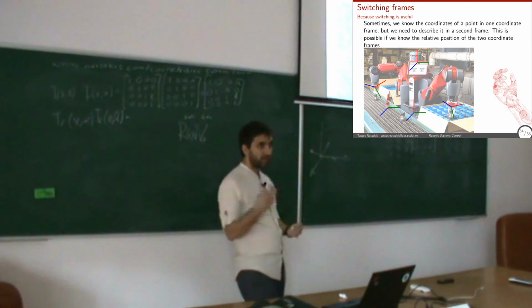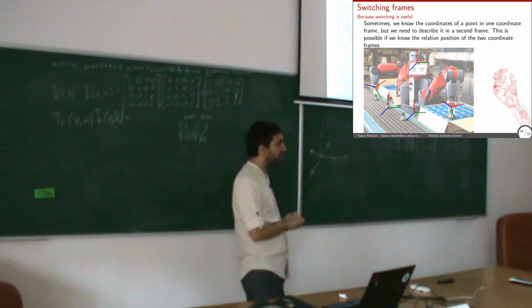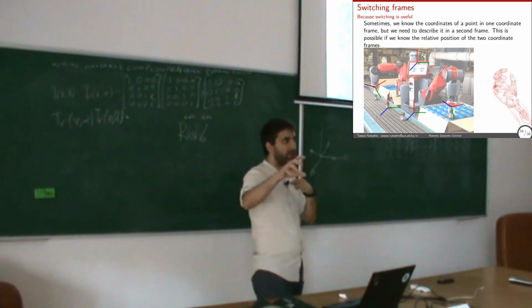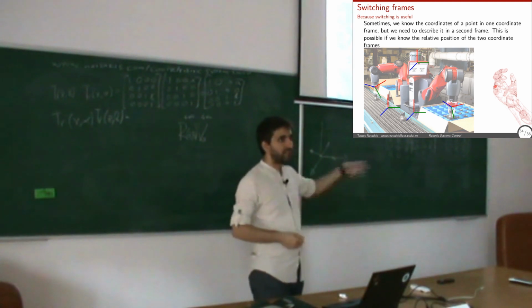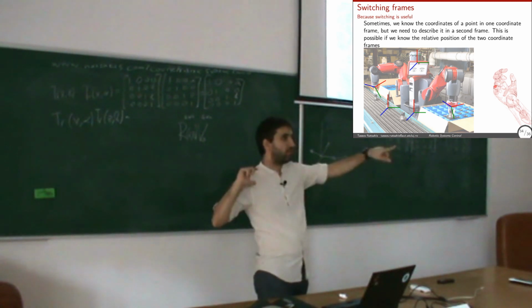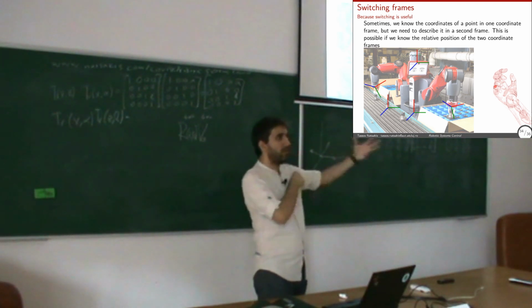This is important in robotics specifically, because you might have a robot with a sensor on one part of the robot and another sensor on the other part. This sensor tells you, I have an object in position, I don't know what coordinates, and this one needs to know, okay, in my frame, where is that point?